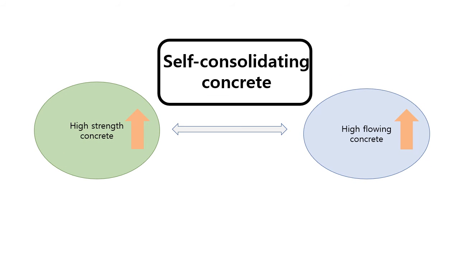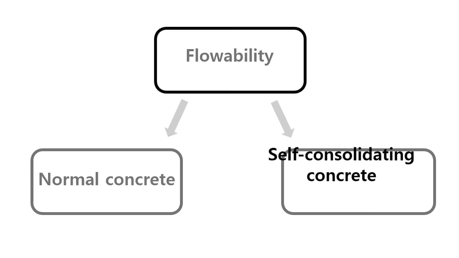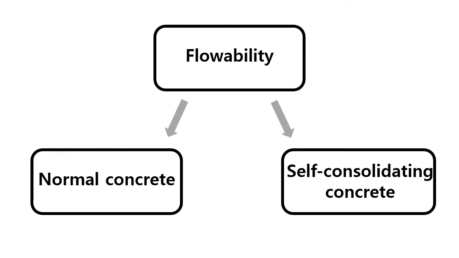The self-consolidating concrete is used in a way to increase flowability while maintaining sufficient strength to withstand the vertical load. The flowability is significantly different in the self-consolidating concrete compared with ordinary concrete.